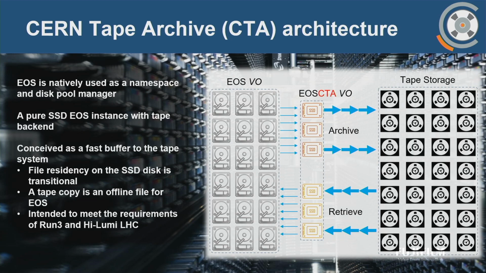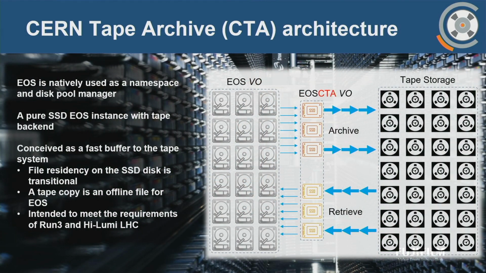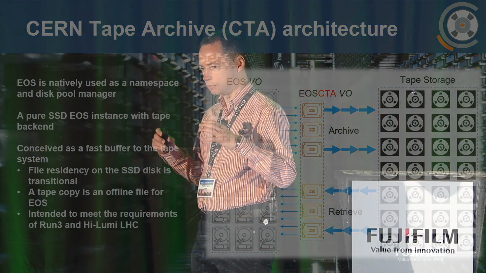So while the big EOS with the spinning disk is capacity oriented and the bandwidth is a byproduct, the SSD-based CTA instance, CERN Tape Archive instance, is really throughput-oriented, and there is essentially zero capacity because all files are just transitioning through this instance.